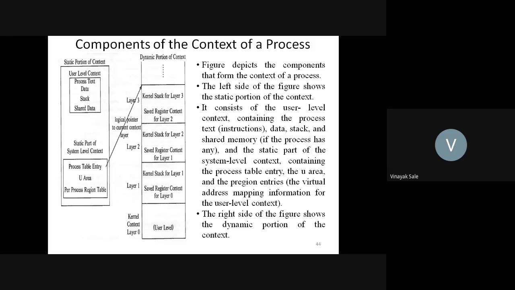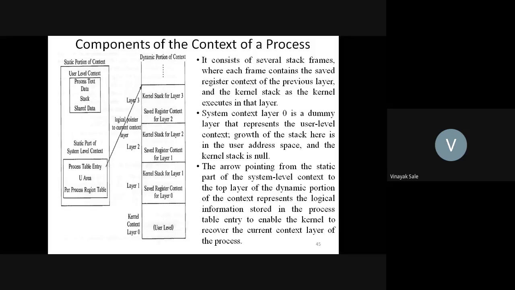Then the right side of this figure shows the dynamic portion of the context, which consists of several stack frames where each frame contains the saved register context of the previous layer.